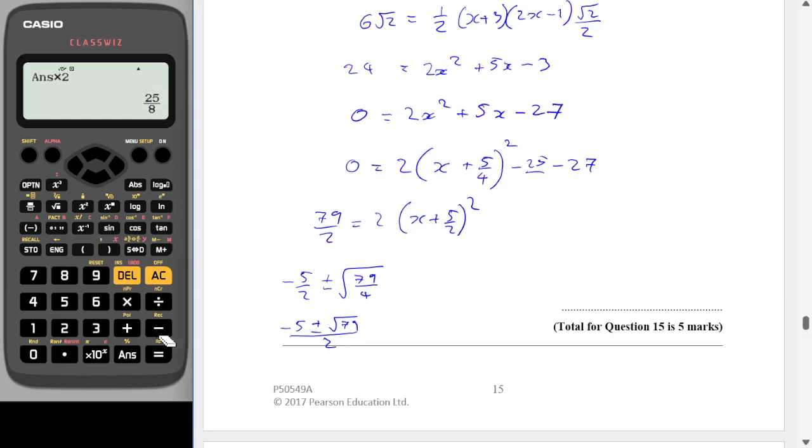So that should have been 25 over 8 plus 27 would have been 241 over 8.